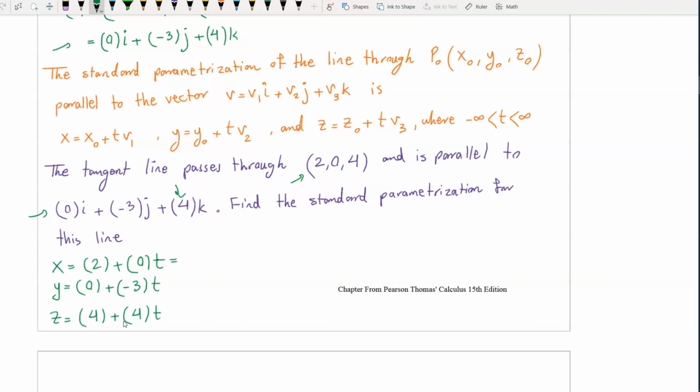So for x, this is equal to 2. This is equal to negative 3t. And this is equal to 4 plus 4t.